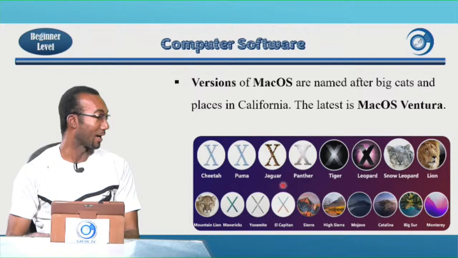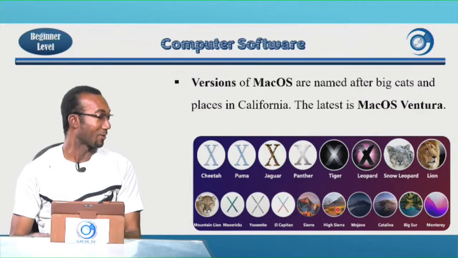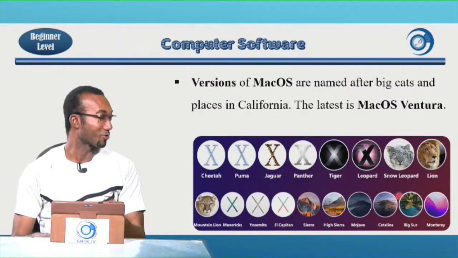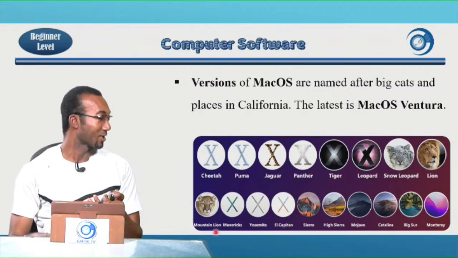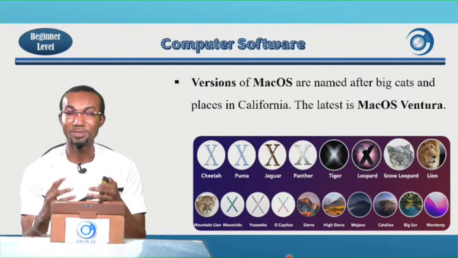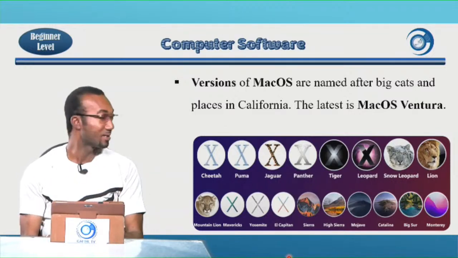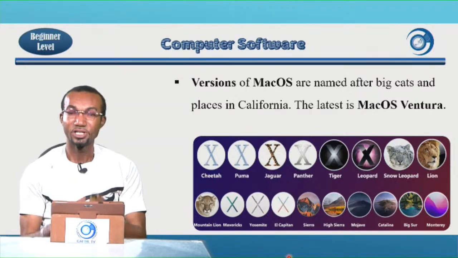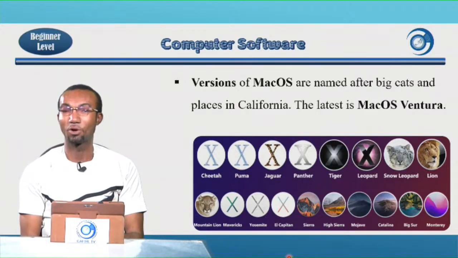So we have Cheetah, Puma, Jaguar, Panther, Tiger, Leopard, Snow Leopard, Lion, Mountain Lion, and the rest. They name them after big cats or places in California. So they use those names to name their operating systems.